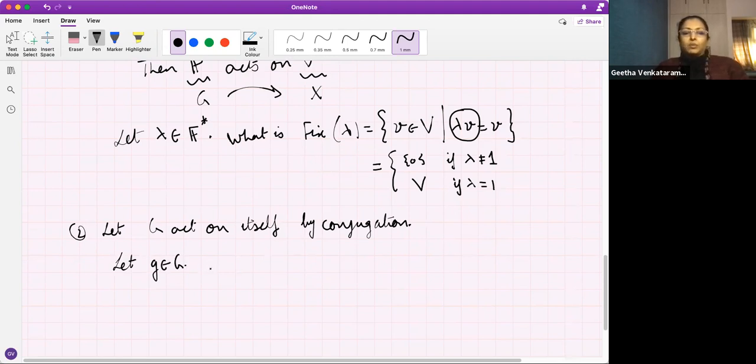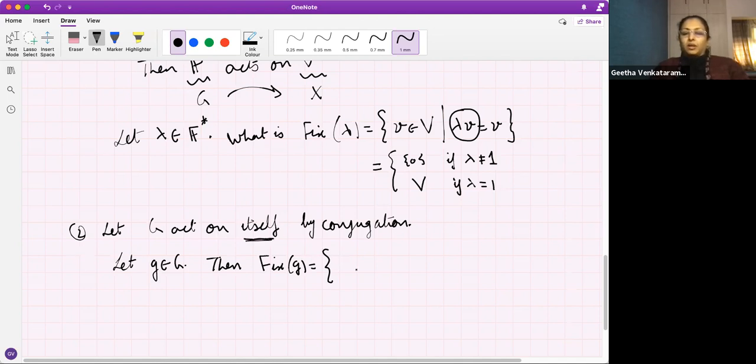Okay, so we want to find out what fix of g will be. By definition, the group G is acting on itself, right?